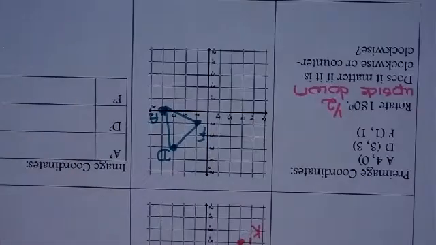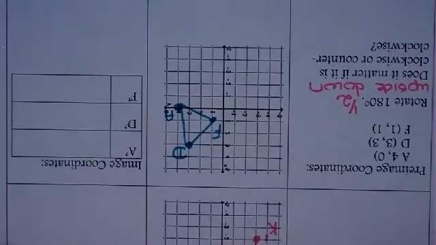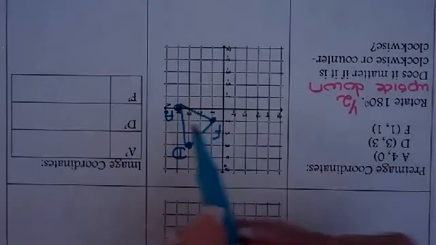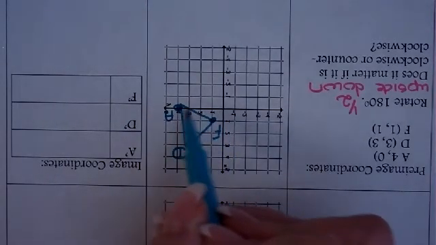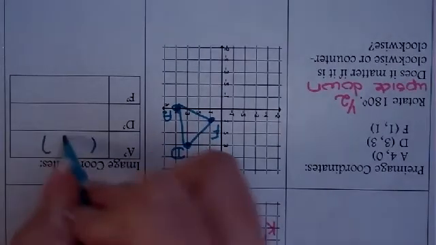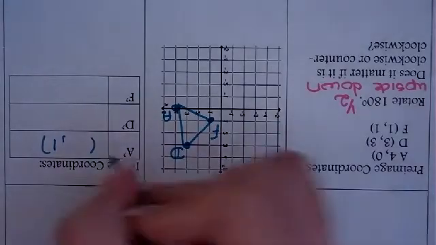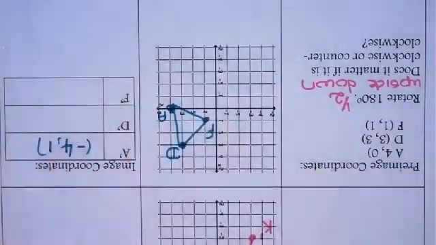Now, I'm pretty good at writing upside down, but if you're not, then just grab a piece of scratch paper or something and jot down these numbers. And then when you turn your paper back around, you can write it in. So if I'm looking right here at A, it is now at 1, 2, 3, 4, negative 4, 1.